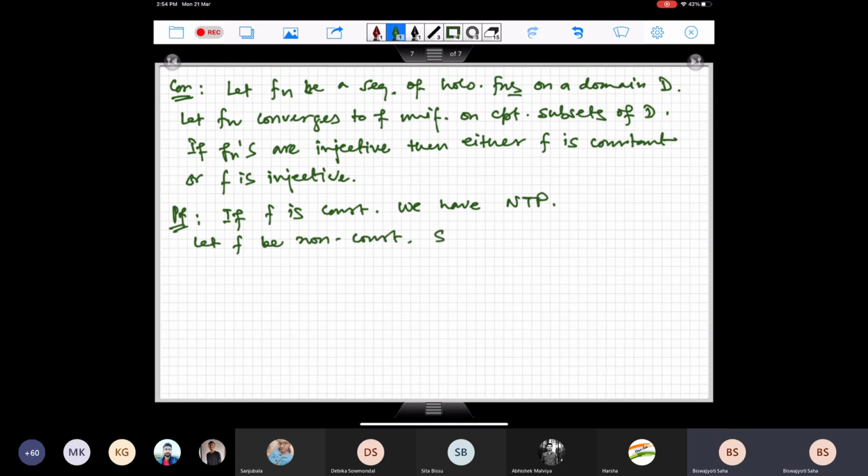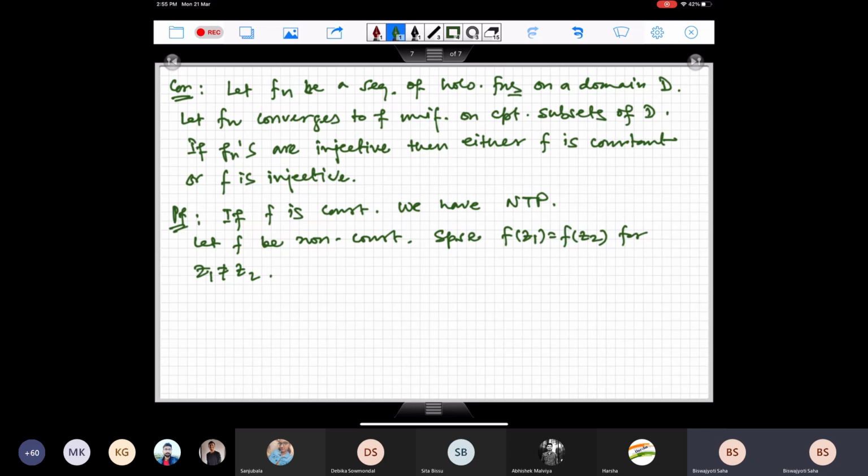So suppose f of z1 is equal to f of z2 for z1 not equal to z2. Suppose I have this scenario. Now what do I have to show? I'm supposed to show the function is injective.